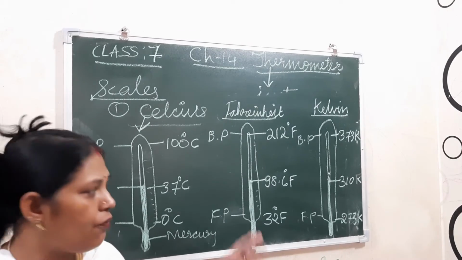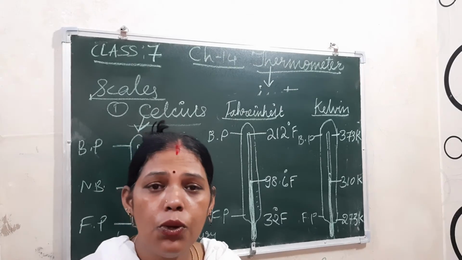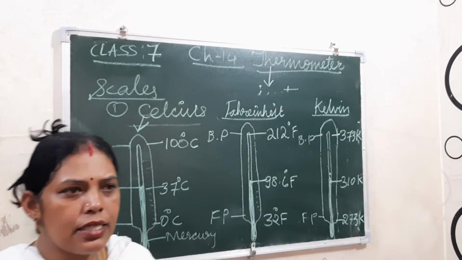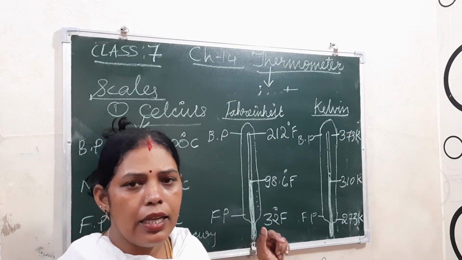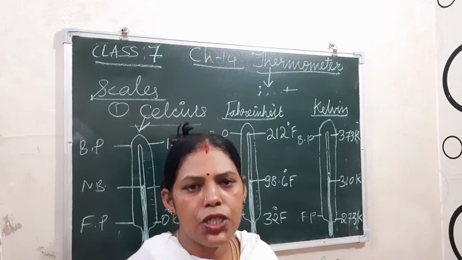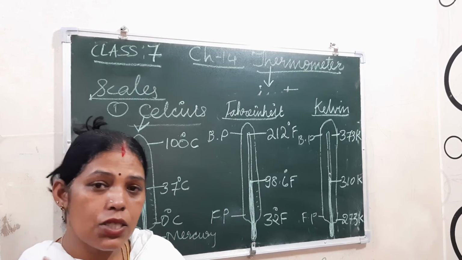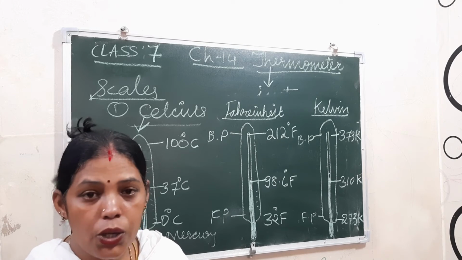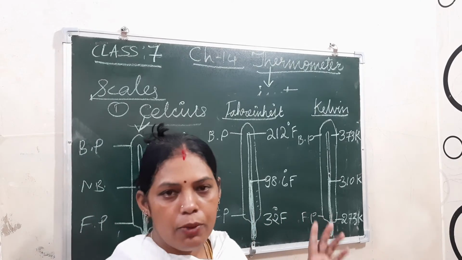So 98.6 degree Fahrenheit is similar to 37 degree Celsius. Clear? This thermometer is used in clinics for measuring the temperature of humans. Laboratory thermometers are not used for measuring human temperature, because it varies.